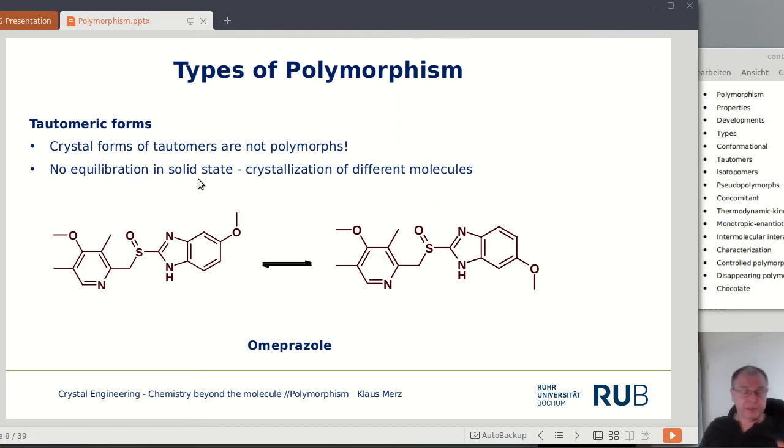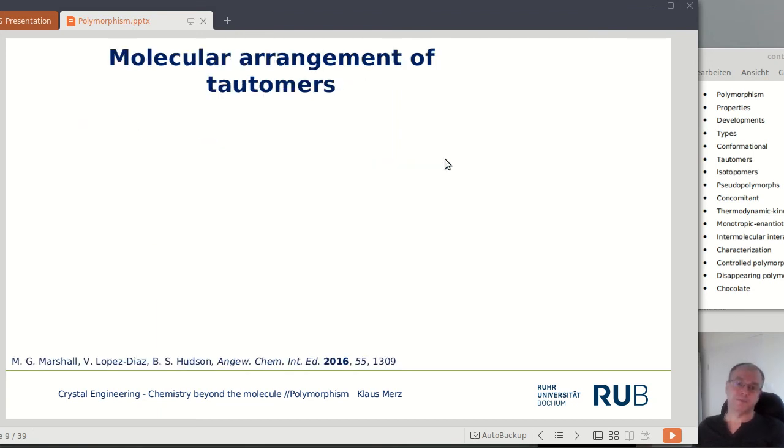This is the big difference compared to solution. In the solid state, in about 98% of cases, you will find a thermodynamically stable compound. In general, mostly you will not find both forms, and you will not see any equilibration in the solid state. Once again, tautomers are not polymorphs.